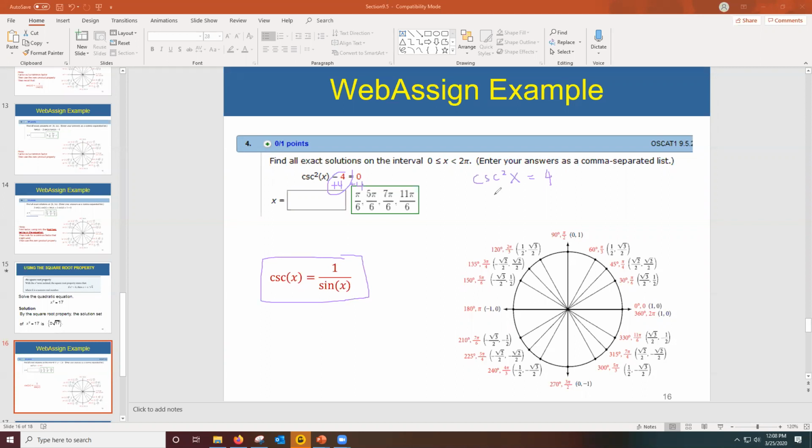So this is going to end up being 1 over sine squared equals 4. Right? Does that make sense? Because if cosecant is 1 over sine, if I were to square both sides of this equation, that would tell me cosecant squared is 1 over sine squared.